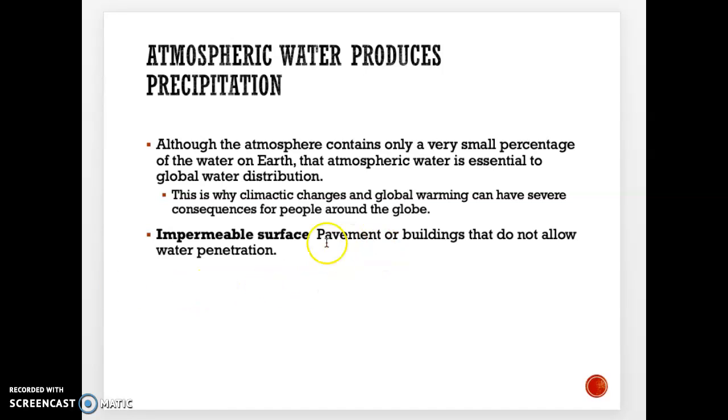Impermeable surfaces, just a note here: this is pavement or buildings that do not allow water penetration. The reason this is being brought up is that you should know there's a lot of runoff. When precipitation hits pavement or buildings, it's not absorbed. It's going to run off into the most local stream, river, or canal that it can get to.